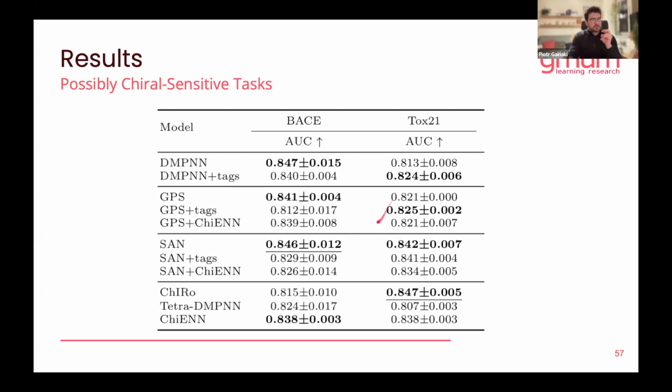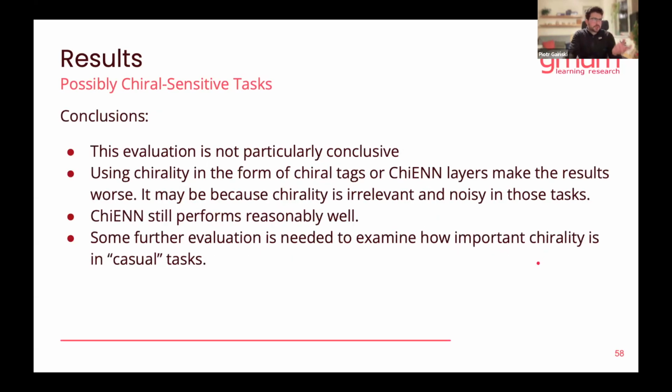It seems that using chirality in any sense, whether with tags or with our ChiENN, doesn't improve the results of a model, for GPS and for spectral attention network. So the evaluation is not particularly conclusive, except that using chirality doesn't seem to make an improvement, and I'm not really sure why.